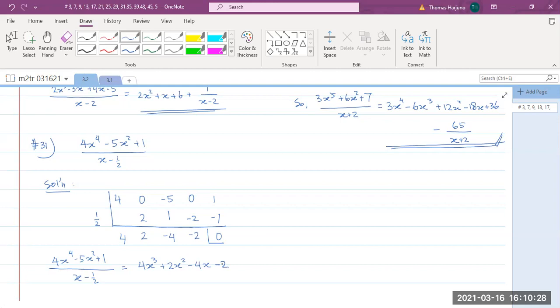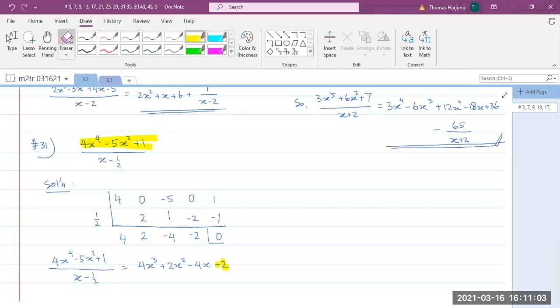In section 3.3 or maybe 3.4, when we try to graph this polynomial, then we will find that 1/2 is a 0, 1/2 comma 0 is an x-intercept.